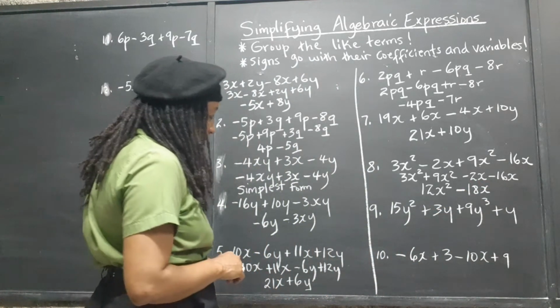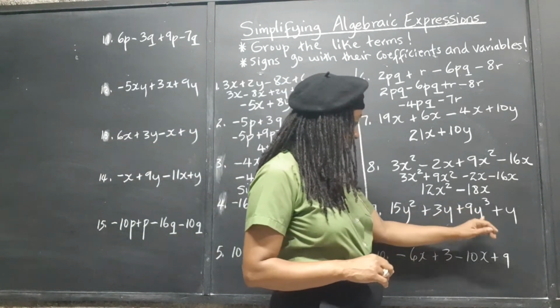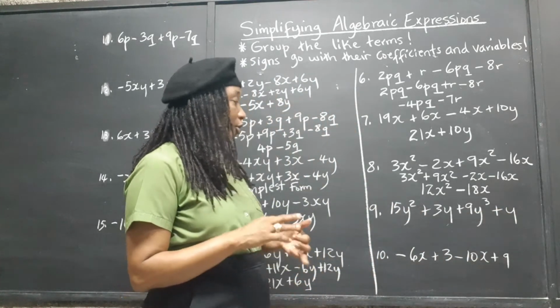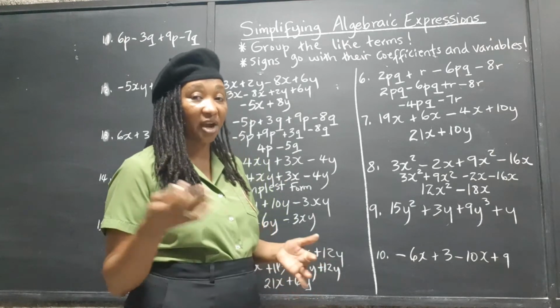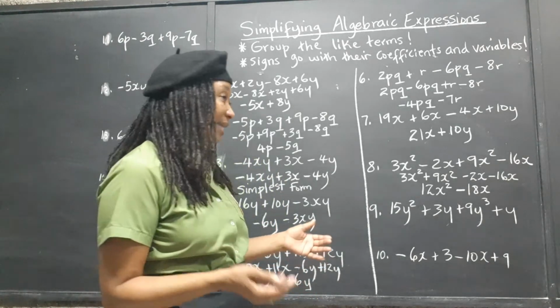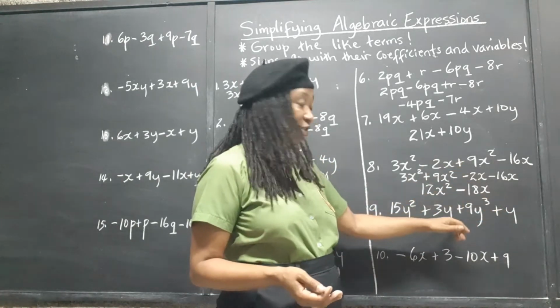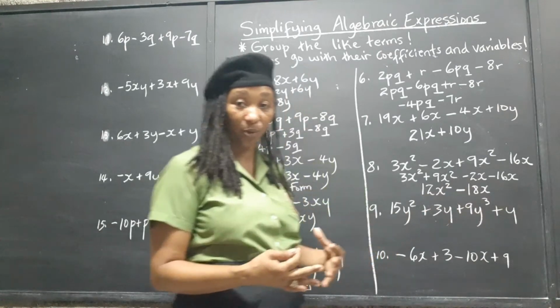Alright, let's see what terms we have. We have a y squared, we have a y, we have a y cubed, and we have a y. The square and the cube, we cannot combine those. They are different terms. y squared is a different term than y cubed, which is a different term than y. We have two y's, so we can combine those.